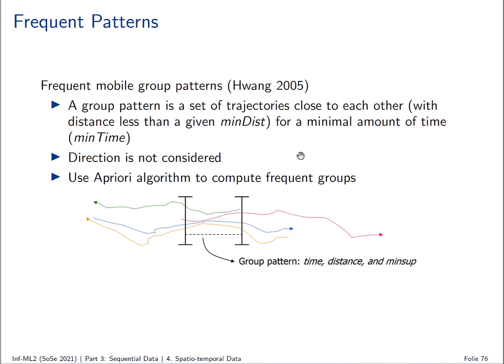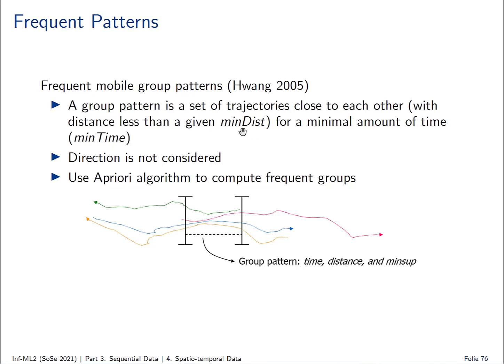reported. Yeah, so there is another work by Huang, also in the same year, that tries to compute frequent mobile group patterns. Yeah, so this is another kind of pattern. So it's a group pattern which is a set of trajectories close to each other with a distance less than a given minimum distance threshold for a minimum amount of time.